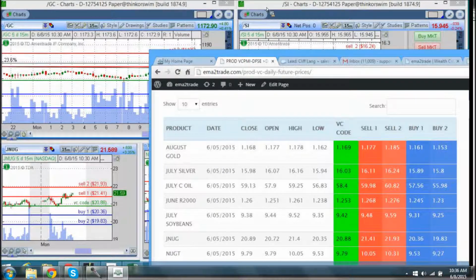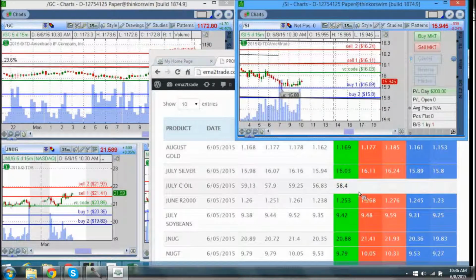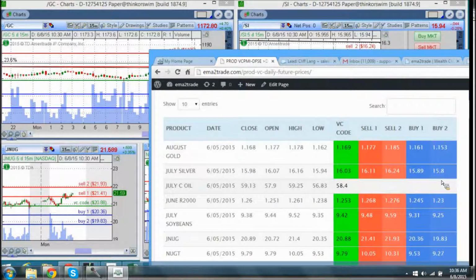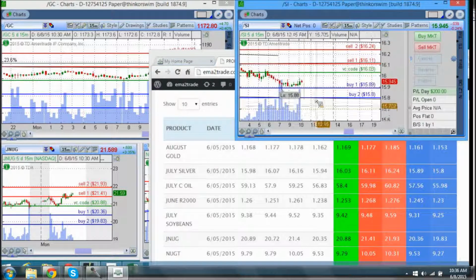And if you just take a look at silver for a minute, just to use this as an example, on Saturday, the algorithm told you that if silver comes down to 1589 to 1580, it's a buy one and buy two level. Very specifically, it tells you to buy one at 1589. And we teach you the methodology for you to identify the signal.